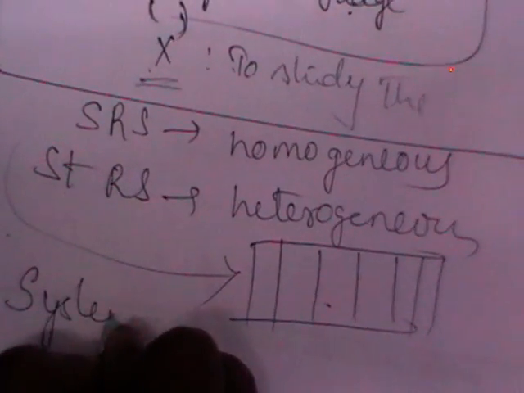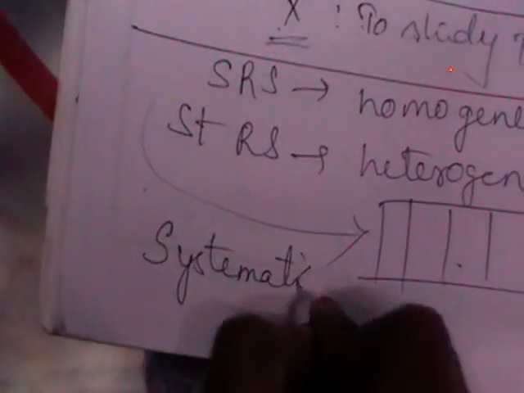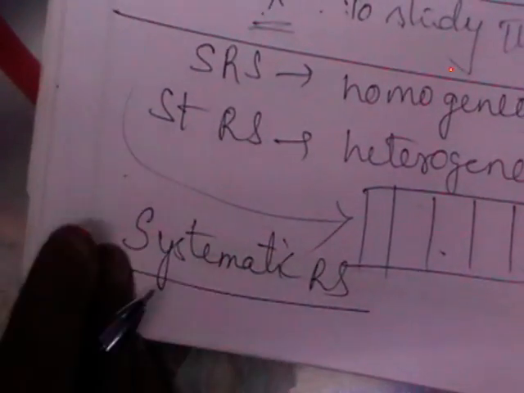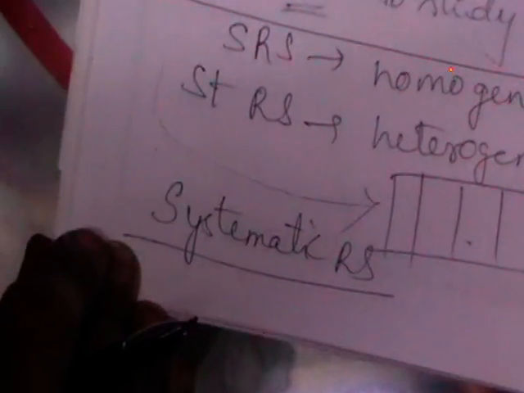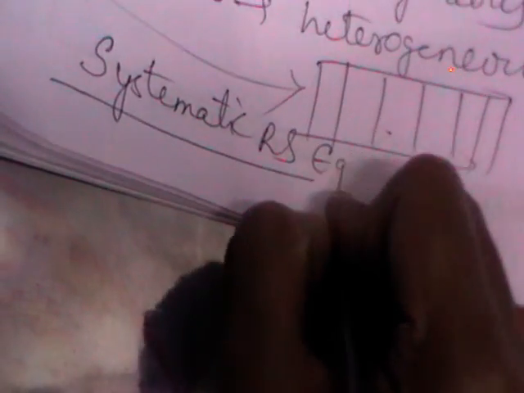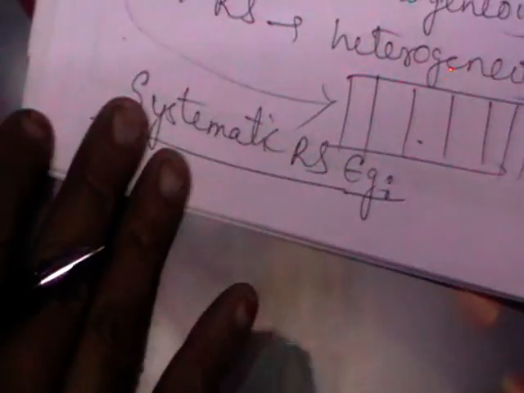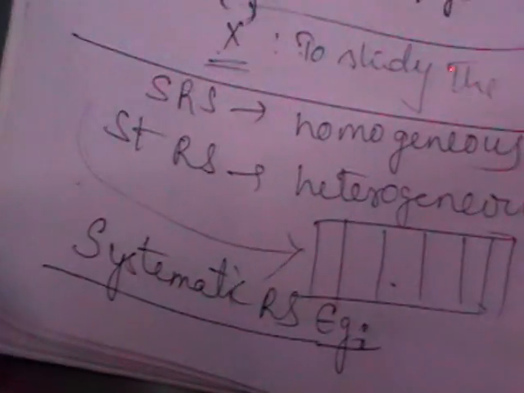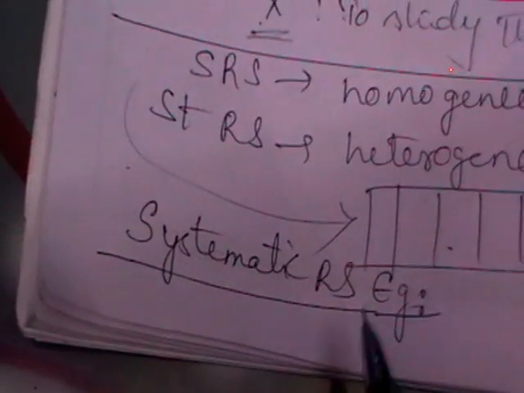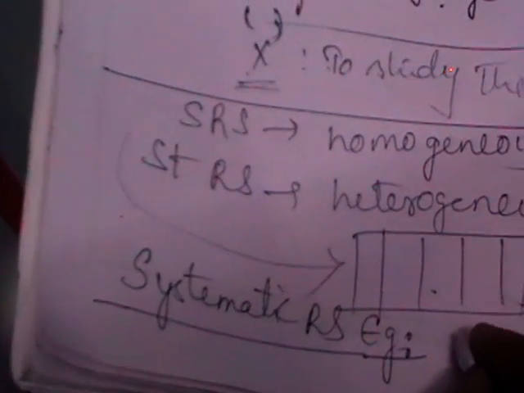Next one which we have is systematic random sampling. What is systematic random sampling? Let us take this example so you can understand. Suppose you are performing a household survey, some socio-economic survey of households in a colony.